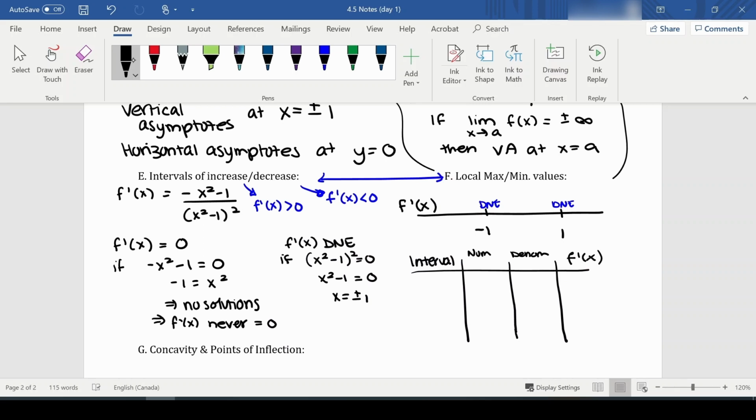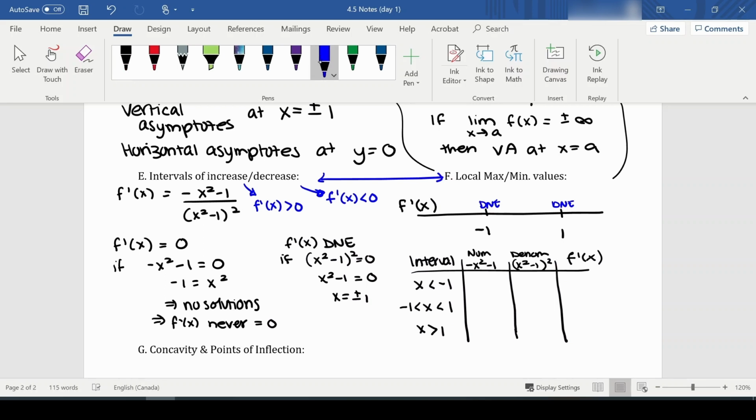Is it positive or negative? Our numerator here is -x² - 1. Our denominator is (x² - 1) squared. Our first interval is x less than -1. Our next interval would be between -1 and 1. And our last interval is greater than 1.